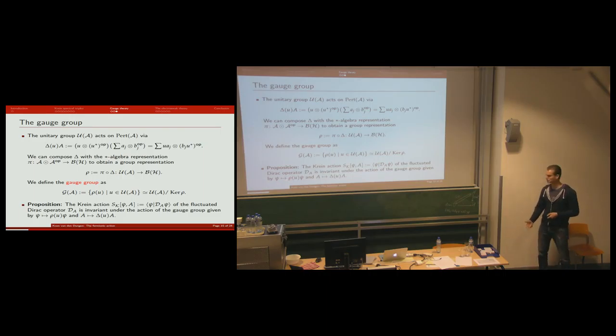There's a non-trivial kernel. But for the fluctuated Dirac operator, D subscript A, it does give a well-defined action of the gauge group. And the Klein action is invariant under this action. All right.